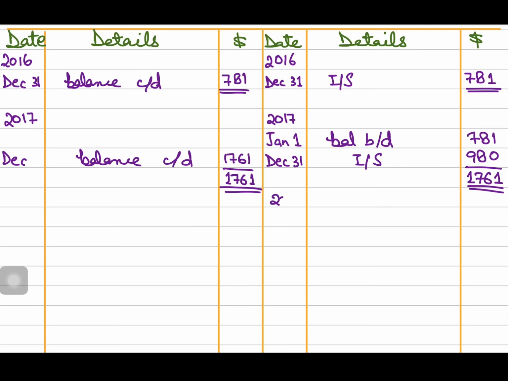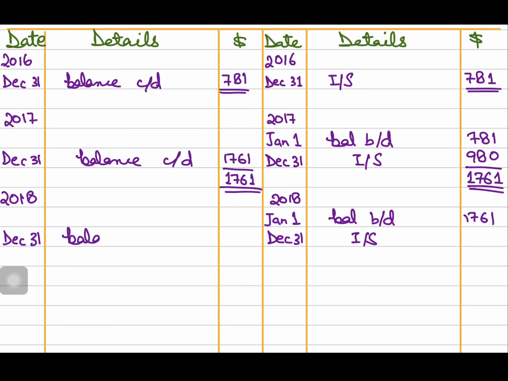Okay, let's move to year 2018 now. January 1st, balance brought down. Now it is 1761. Again, the same entries will be there in this year as well for income statement and for the accumulated depreciation balance carried down.